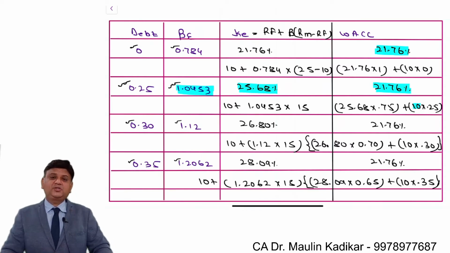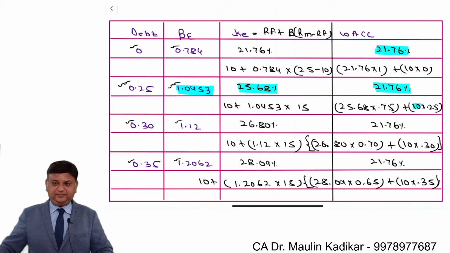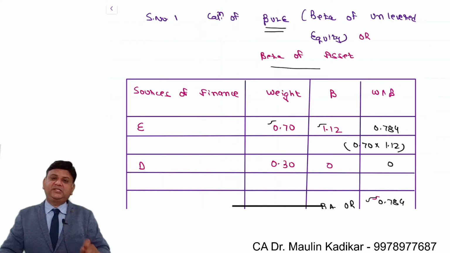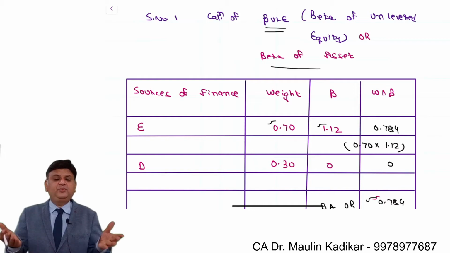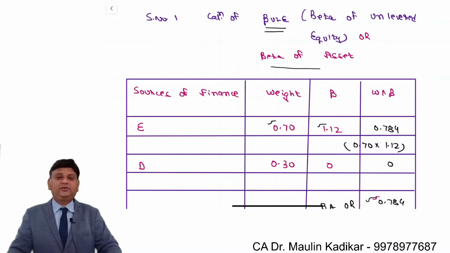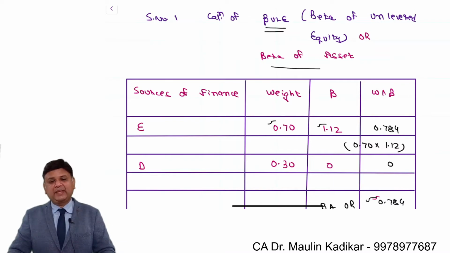Now again I come across a question like this from students: sir, why do we do the answer in 3 steps? Can we compute the required rate of return of the proxy firm and then do the answer? Because whatever is the required rate of return of the proxy firm, the same would be the required rate of return for us. Of course no, because the institute wants you to make the calculation and show the answer.